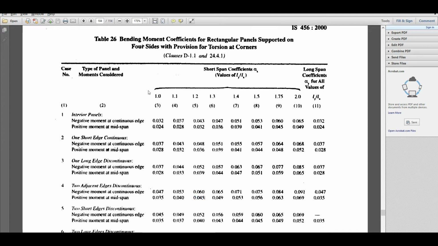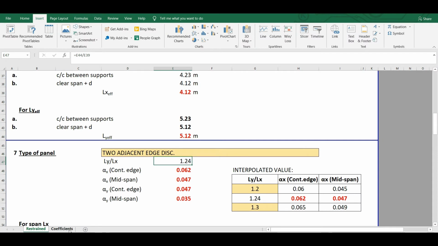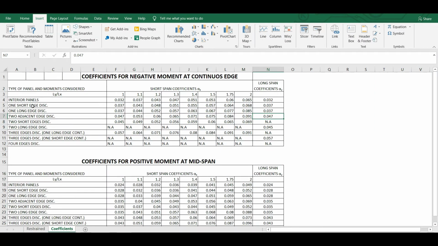What we will do is copy this table into Excel and make two tables, one for the negative moments and one for the positive moments. Here I have prepared the table for positive and negative moment coefficients.